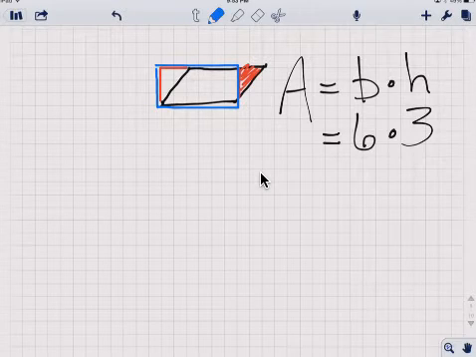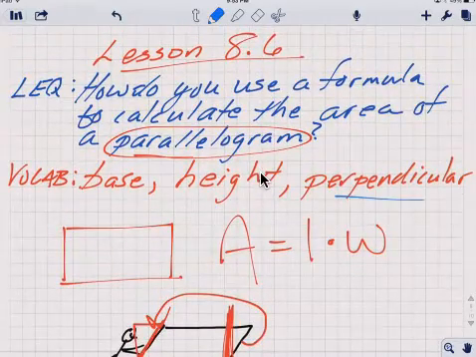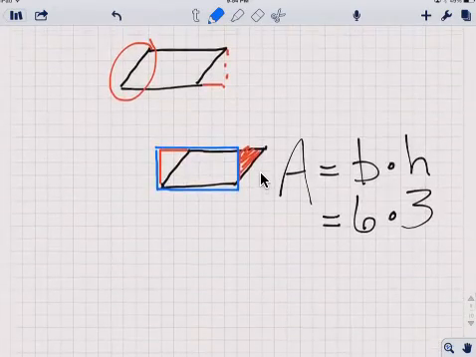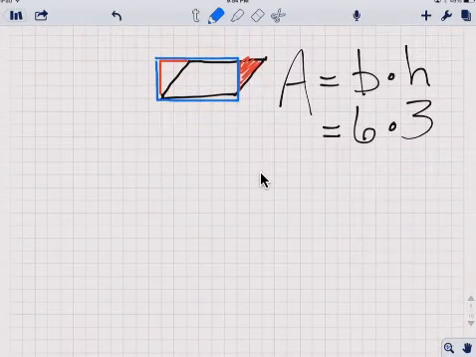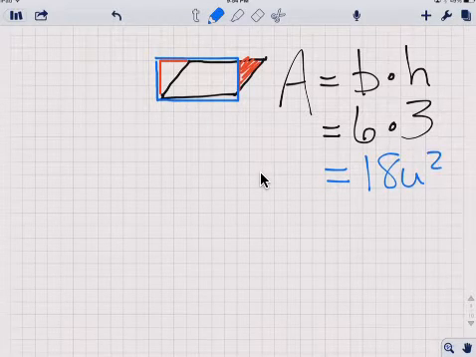So with the parallelograms, the A equals base times height, you don't have to worry about those angles. If you can just find that horizontal, side-to-side measurement across the bottom and then that vertical, that's where the word perpendicular comes in from the vocabulary. You need the vertical and you need the horizontal. Alright, so we can finish this one off. This would be 18 units squared.